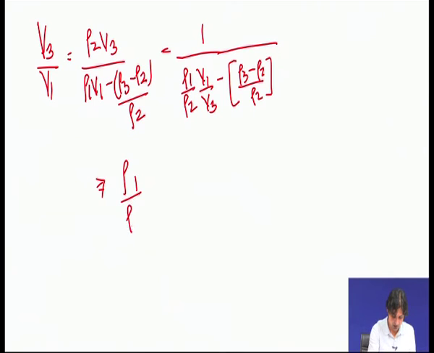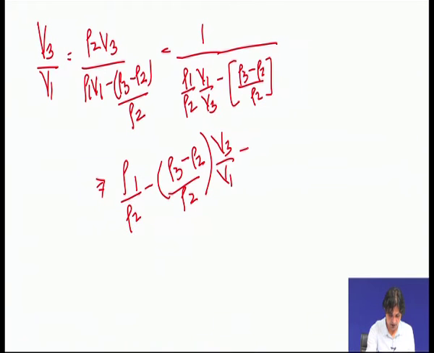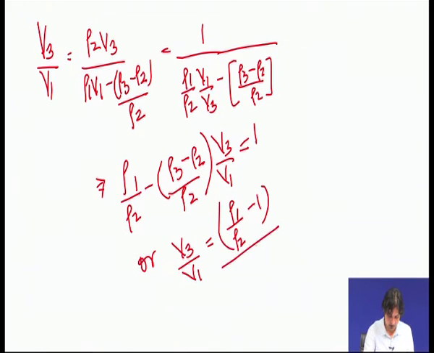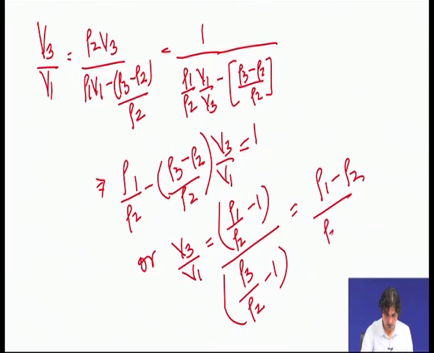rho 1 by rho 2 minus rho 3 minus rho 2 divided by rho 2 into V3 by V1 is equal to 1, or you simplify, then V3 by V1 comes out to be rho 1 by rho 2 minus 1 divided by rho 3 minus rho 2 by rho 2, or rho 1 minus rho 2 divided by rho 3 minus rho 2.